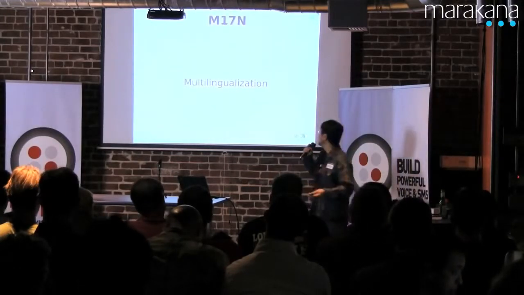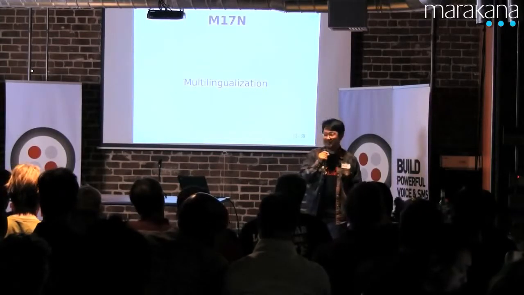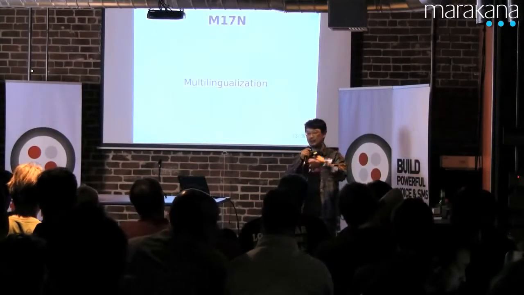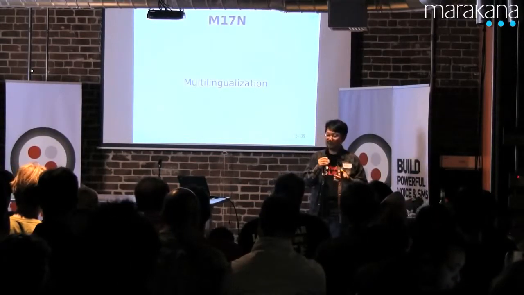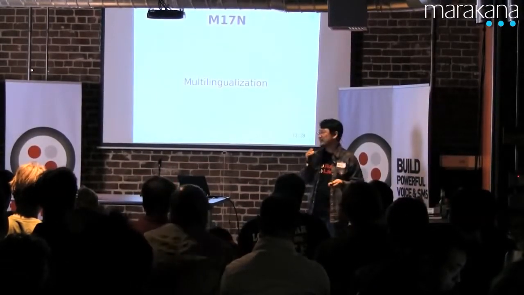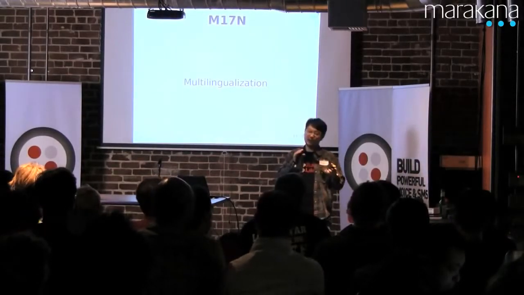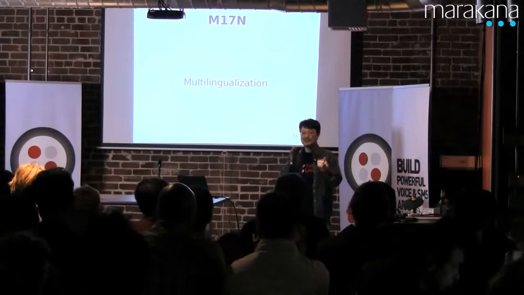And multilingualization is the ability to handle multiple languages, multiple encodings, multiple character sets in a single program. Many other languages like Java or Python use Unicode as a central code set.